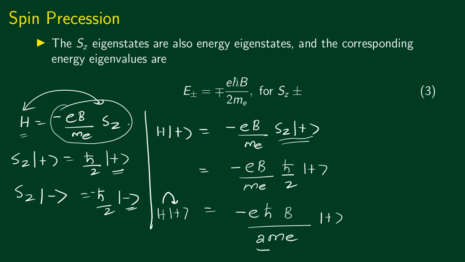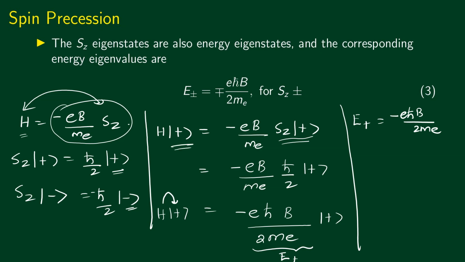And this constant is what we call the energy eigenvalue. This energy eigenvalue we shall denote as E plus. So we have E plus is equal to minus E h bar B divided by 2 ME. This is the energy eigenvalue. There's one more possible energy eigenvalue, because you do the same thing for H acting on ket minus.